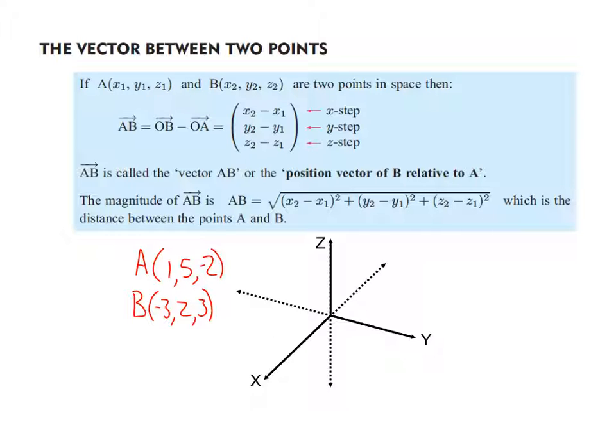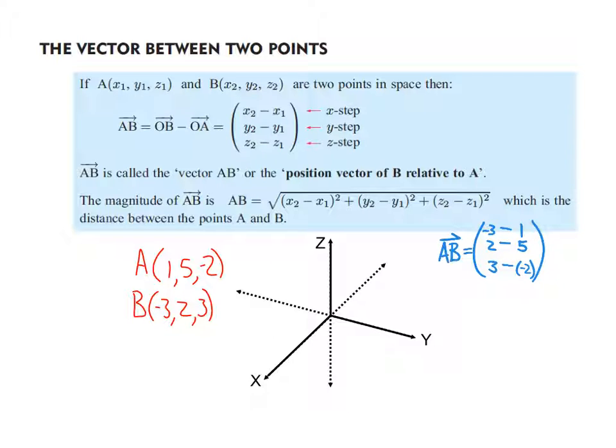So the point B is where we're going to, and we subtract the coordinates of the point we come from. In this case with AB, if I want vector AB, I'm going to do the coordinates of point B, so negative 3, 2, 3, and I'm going to subtract the coordinates of point A, so 1, 5, negative 2.